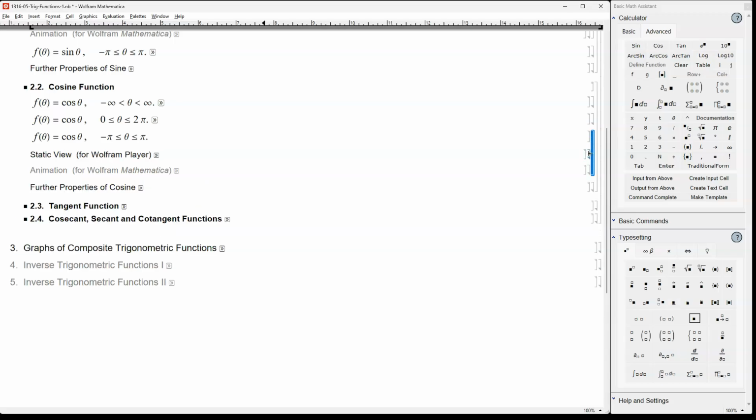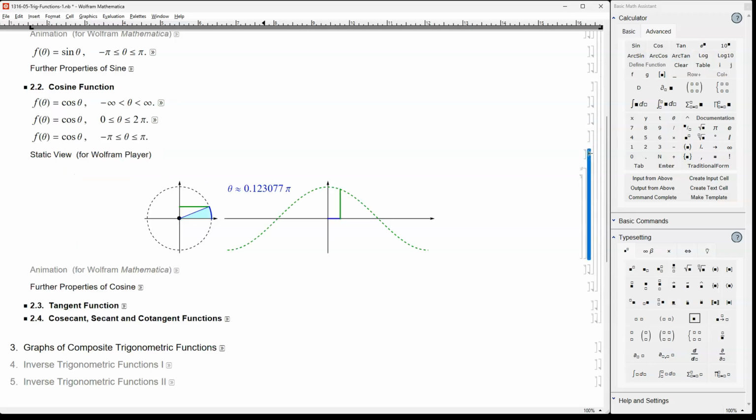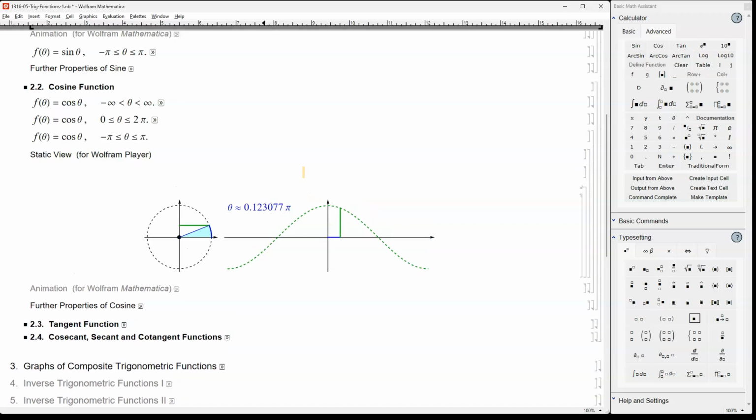Now, the same cosine function, this time pictured from negative pi to positive pi. You can see that the graph is symmetric with respect to the y-axis. That's because the cosine function is an even function.